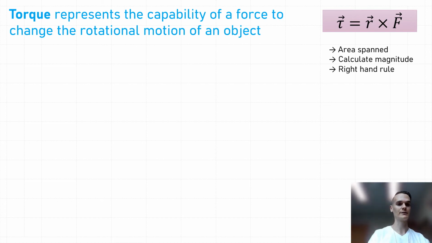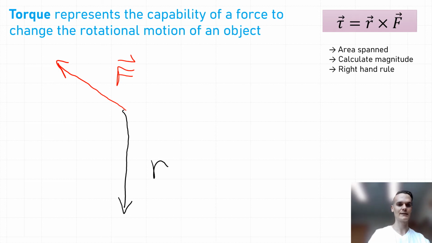So our force vector is going to look something like this. So this is our force vector, and our position vector is going to look something like this. So this is our position vector. We want to draw in the other two sides of the parallelogram.